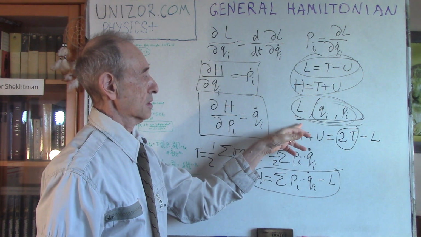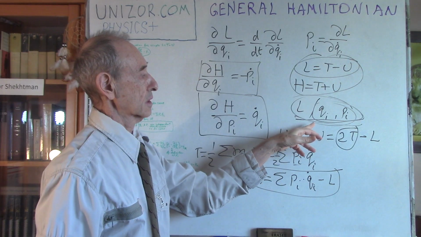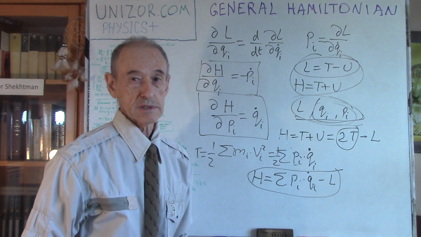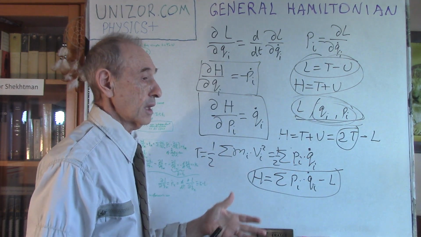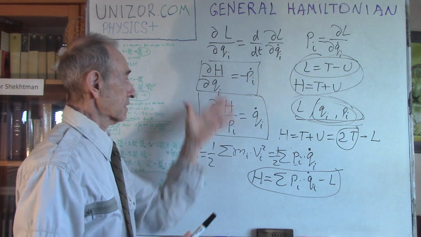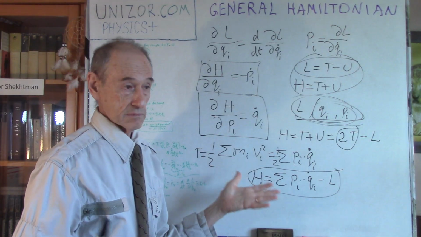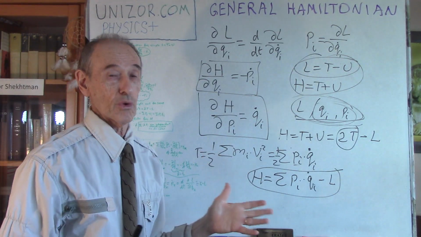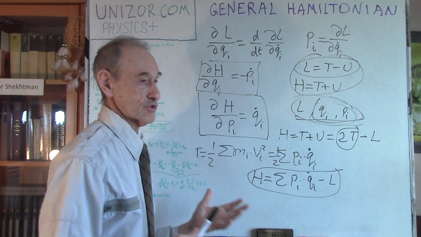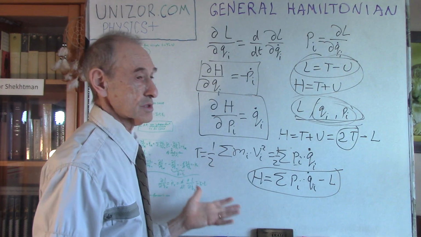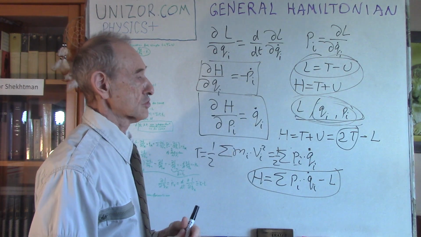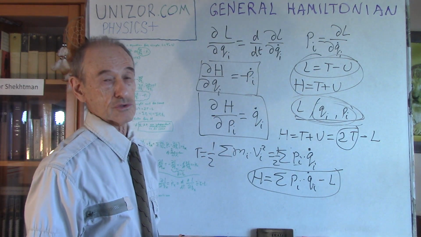So it does not depend on energy, it depends only on the Lagrangian, coordinates and momenta. So I got this formula. Let me check if it fits the bill, if it satisfies these equations, then there is absolutely nothing wrong with saying, okay, this is the Hamiltonian, and we can use it and solve this equation instead of Euler-Lagrange.